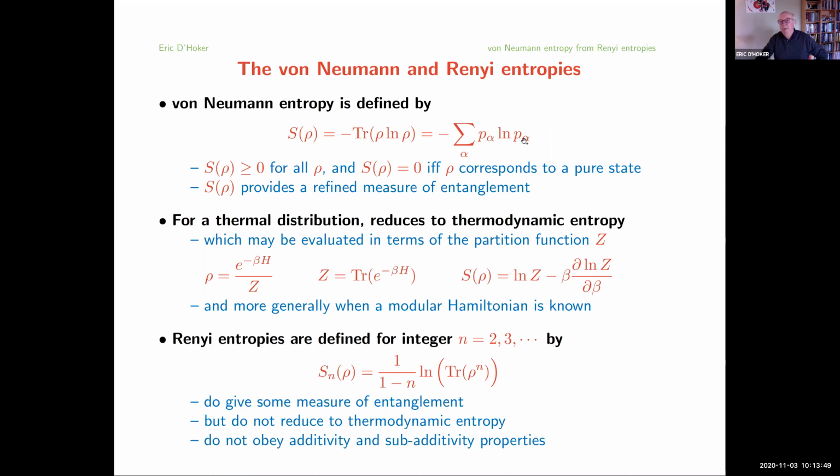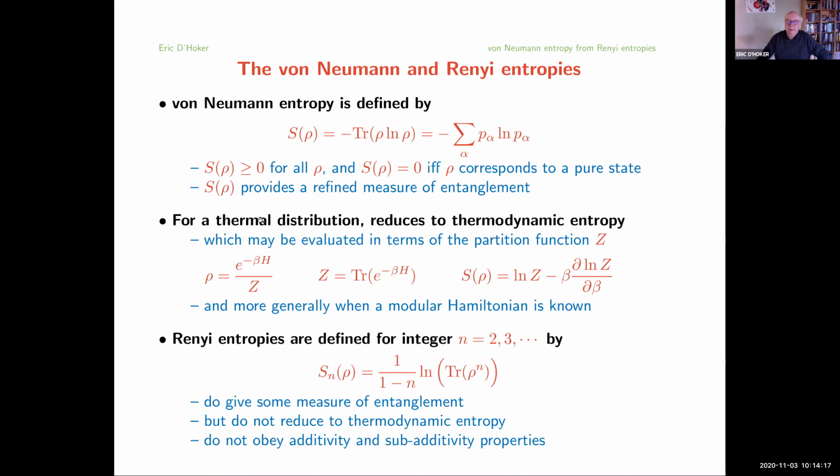If you have one p which is very small, then in fact the von Neumann entropy is then also small. If you have a thermal distribution, then the von Neumann entropy simply reduces to the thermal entropy. And I've written down some formulas here that you all, of course, know about.